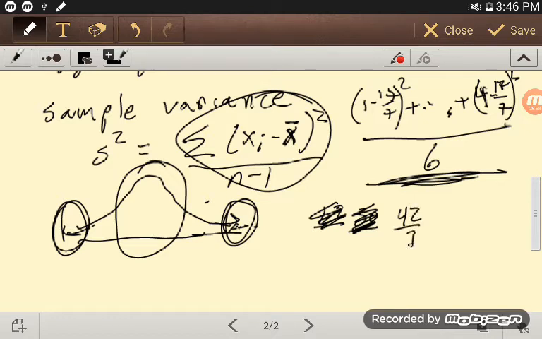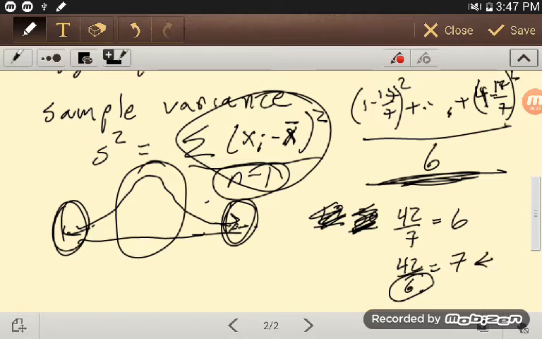Suppose that numerator had been 42 and I divided it by 7, I would get the number 6. If I divide it by 6, on the other hand, I get the number 7. So when I divide by a smaller number, and n minus 1 is smaller than n, I get a little bit bigger number.